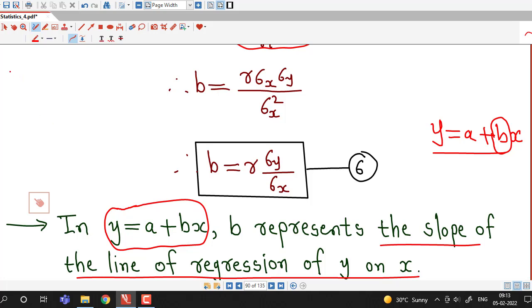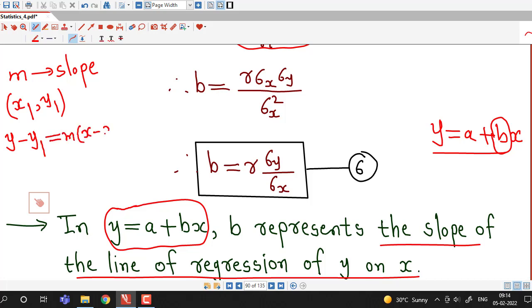If you remember, if we know the slope of the line, suppose the slope of the line is m, and suppose the line is passing through some point, say x1 y1, then we have this equation y minus y1 equal to m times x minus x1.